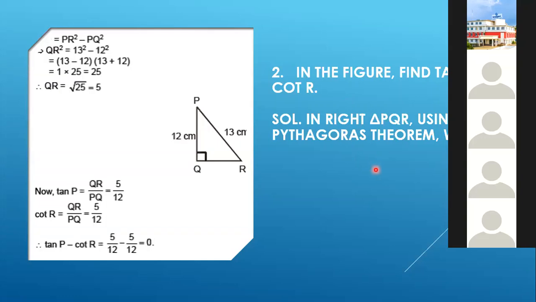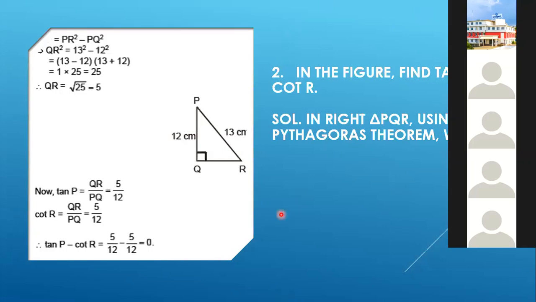Adjacent side is root 7. So find cos A and tan A. Cos A is root 7 by 4.